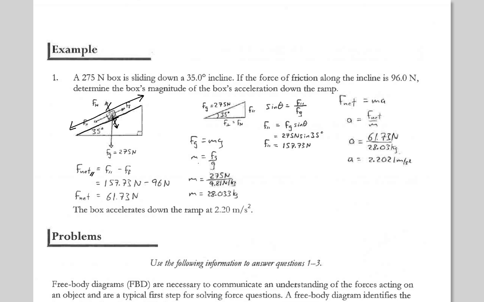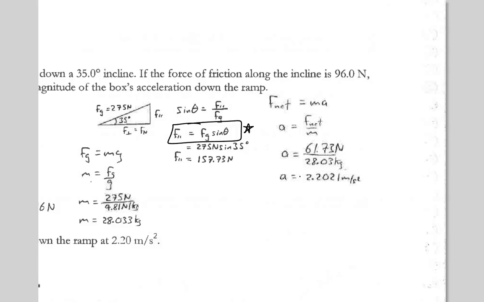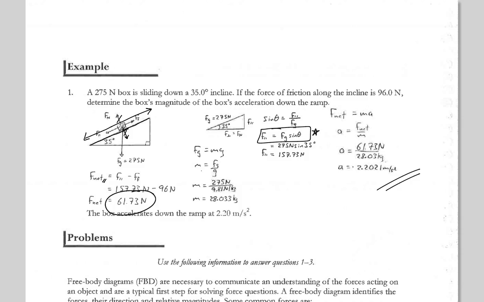So you can see that in their F net formula, you have the driving force, which is the parallel component of the weight, minus the friction of the surface. And they find F parallel using some basic trig. You can literally memorize this, or you draw the picture. Then they found the acceleration as well, which is the net force divided by the mass, which you should be familiar with at this point.